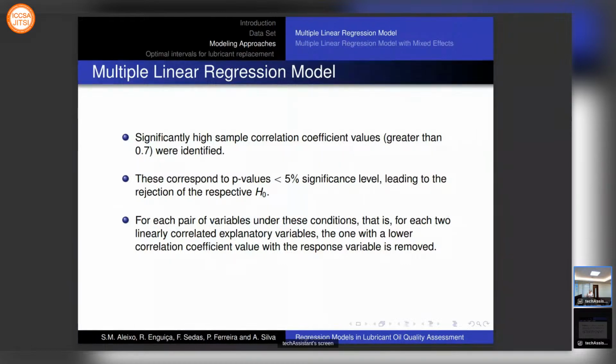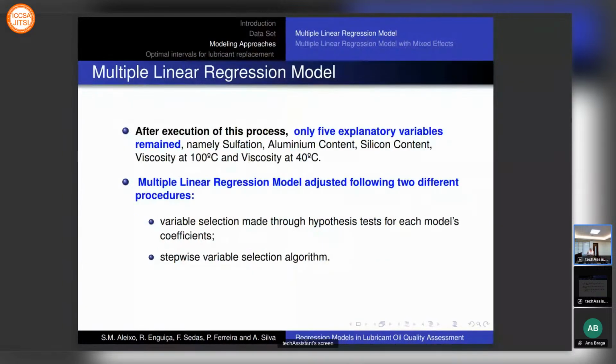For each pair of variables under these conditions, the one with the lower correlation coefficient value with the response variable is removed. So after this process, we stay with 5 explanatory variables that are described here, and we adjust the multiple linear regression model following 2 different procedures.